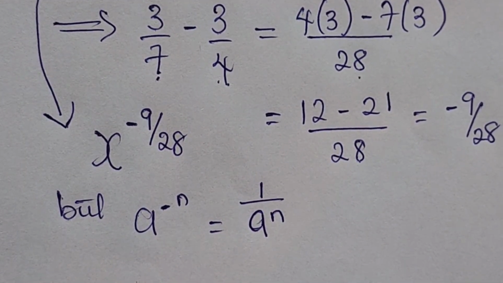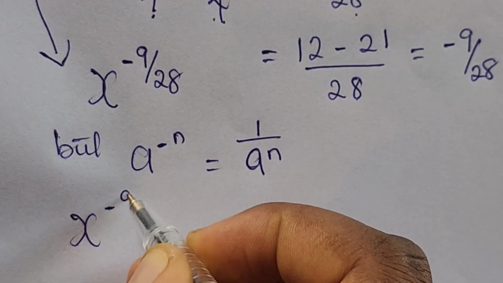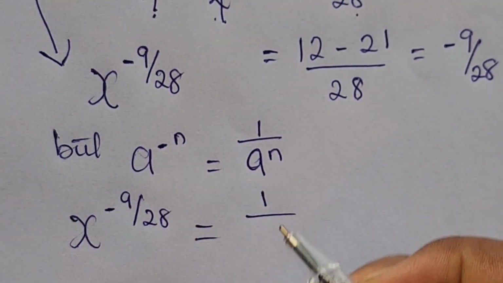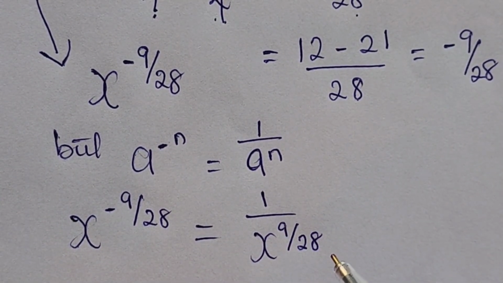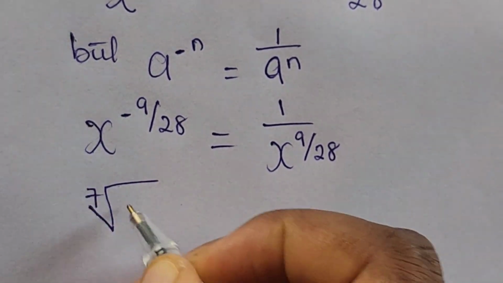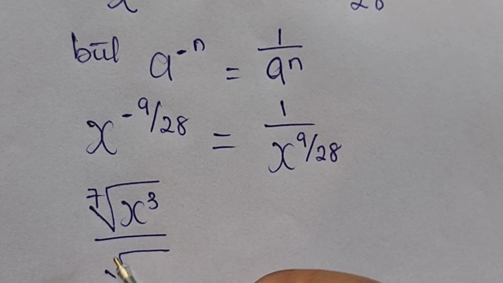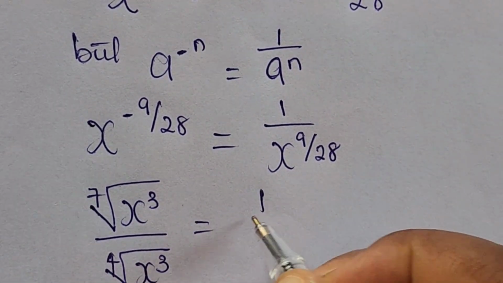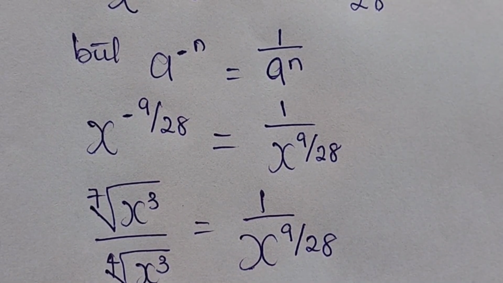So our x to the power of minus 9 over 28 is equal to 1 over x to the power of 9 over 28. Hence, we conclude that the 7th root of x to the power of 3 all over the 4th root of x to the power of 3 is equal to 1 over x to the power of 9 over 28.